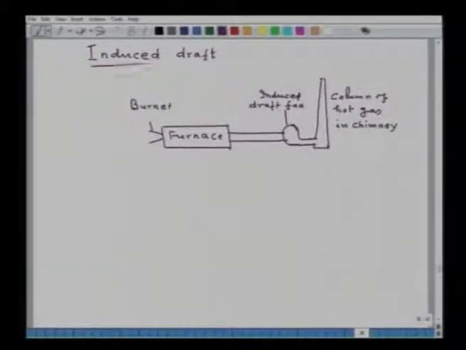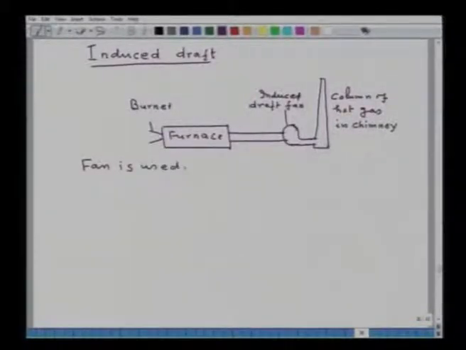So, what you are doing in the induced draft, you are no more using the density difference of the gases, but you are putting an extra fan. Now, this fan which you have put downstream the furnace, it creates a suction. So, in induced draft, a fan is used.